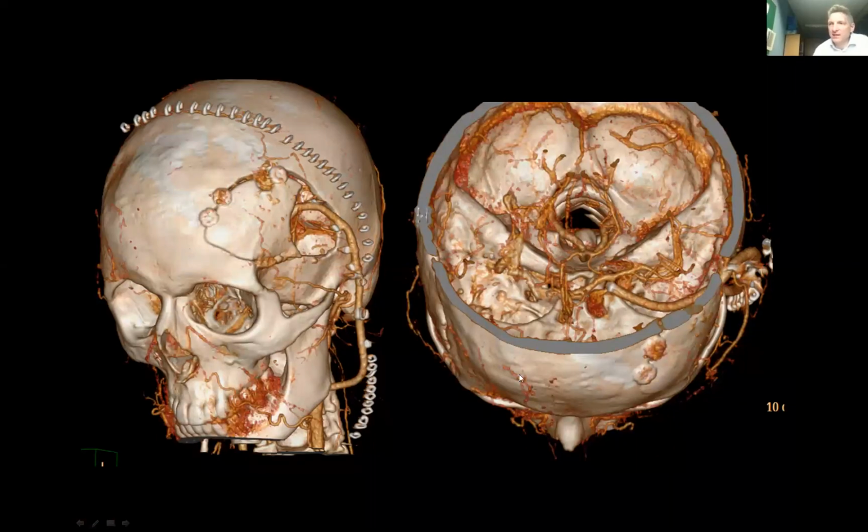So he underwent high flow bypass, and for him, it took a long saphenous vein graft from his external carotid, which comes up through here, and you can see it's attaching just below the terminal carotid here.